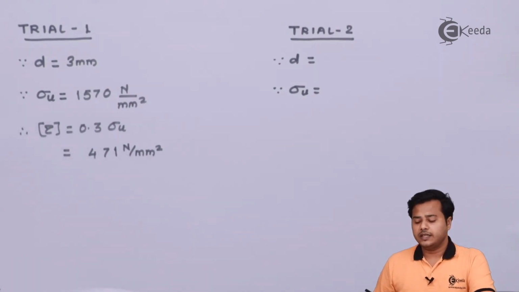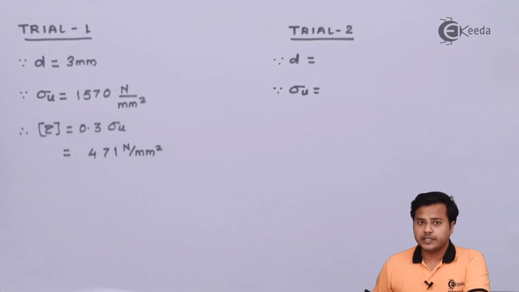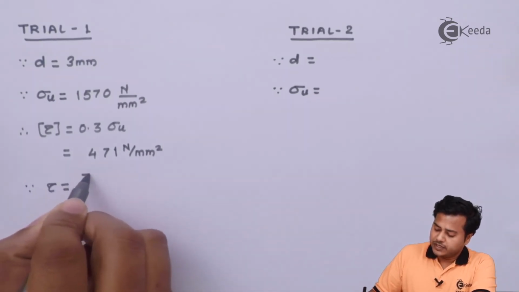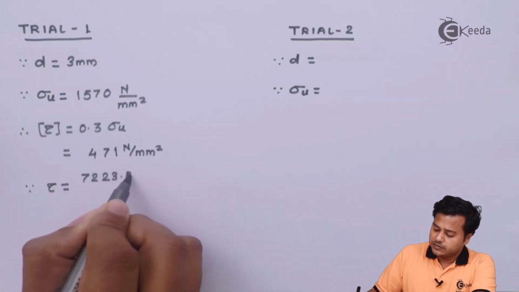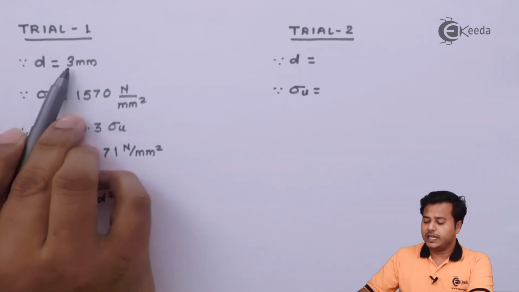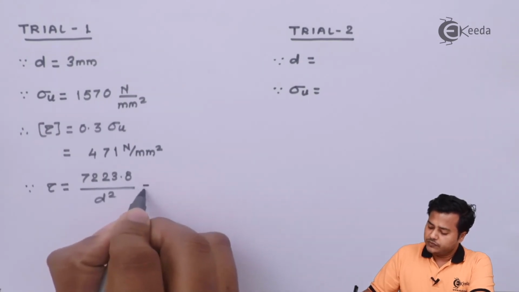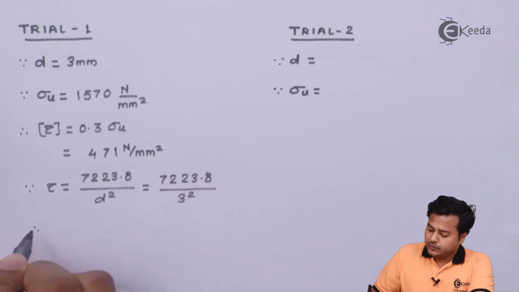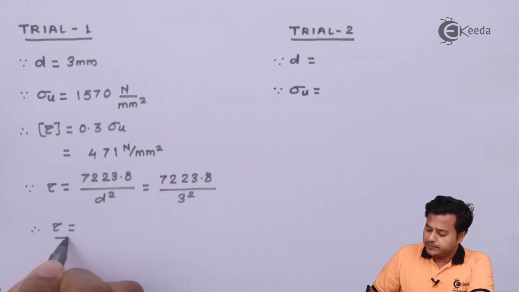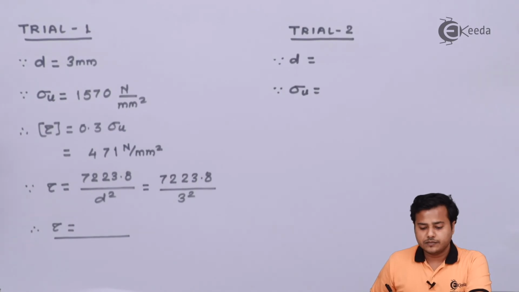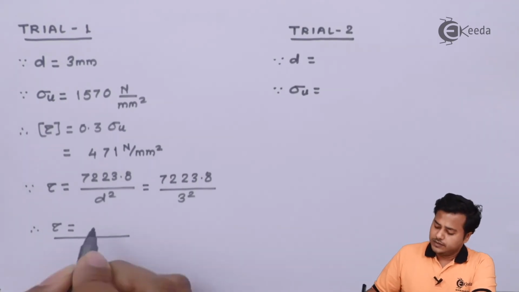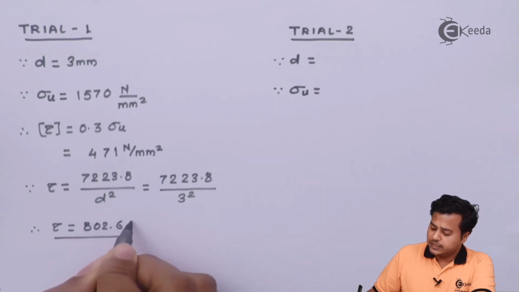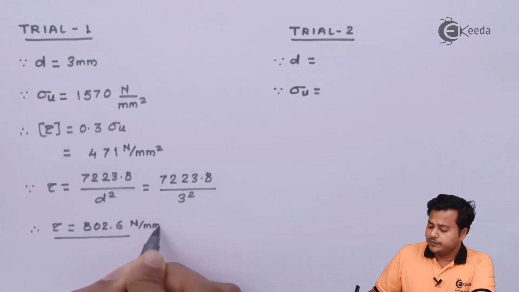Let us say that the actual value of tau should not exceed this. Let's see if it is exceeding. We know that tau right now is given by this relation. As of now the diameter is 3, and therefore tau value comes out to be somewhere around 803.6 Newton per millimeter square.